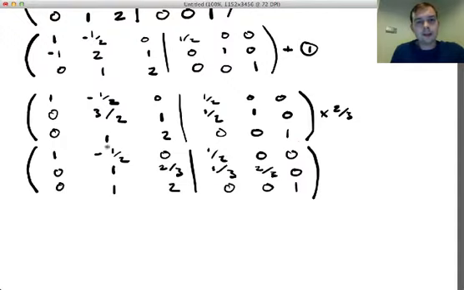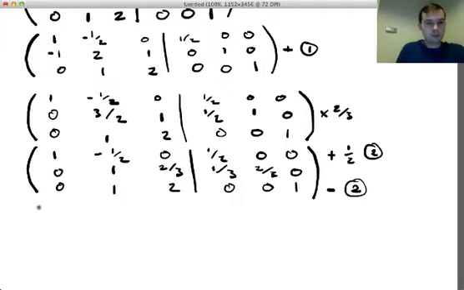And now we clear out the entire column for this pivot. So we're going to add 1/2 of row 2 to the first row, and we're going to subtract off 1 copy of row 2 from the third row. What do we get? Well, in this case we're going to obtain 1, 0, 0, 0, 1, 0.